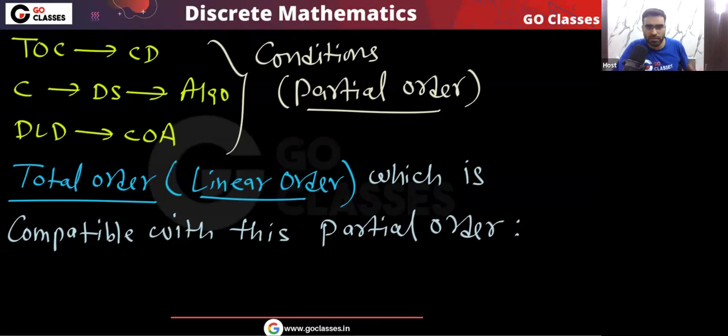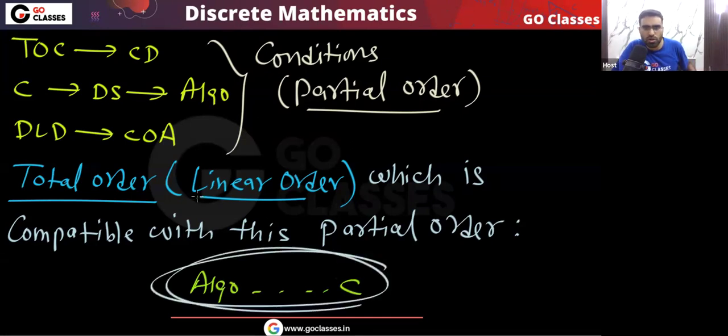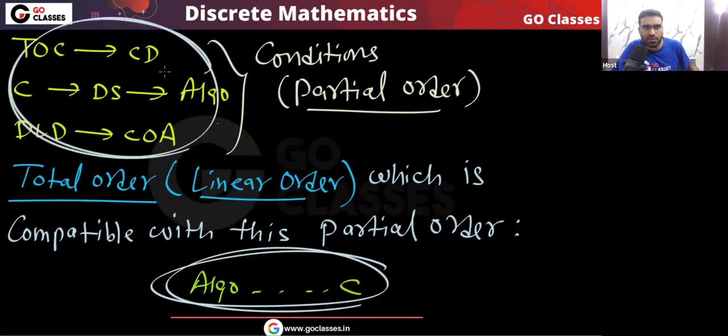You tell me a very simple thing. In my linear order, is it possible that I can do algorithm before C? Can this student study algorithm before C? Of course not, because this is not compatible with the given partial order.